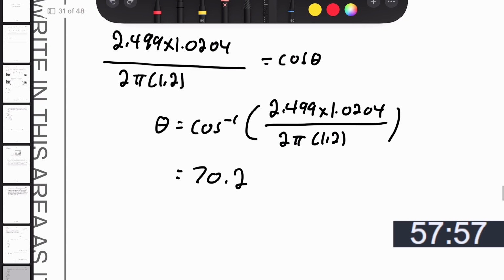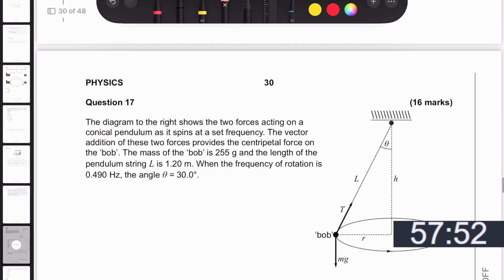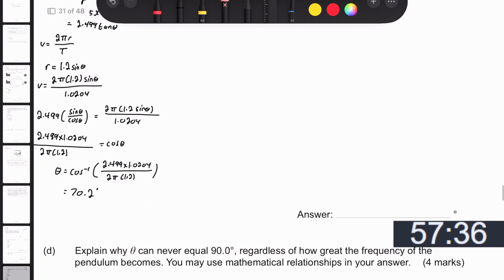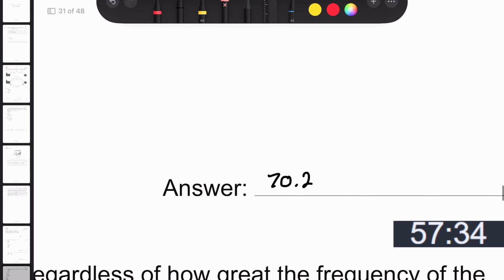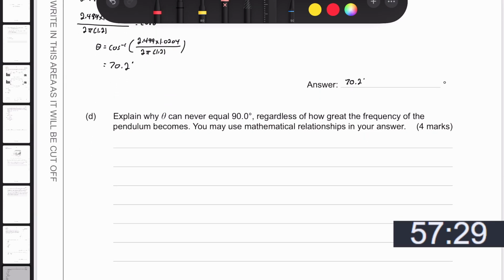Does that make sense? Yeah, I think so, because I can imagine when you're spinning something, it starts to get up. Because if you're holding it still and you're not spinning it, it's going to be straight down. Okay, I think that makes sense in my brain. So 70.2.